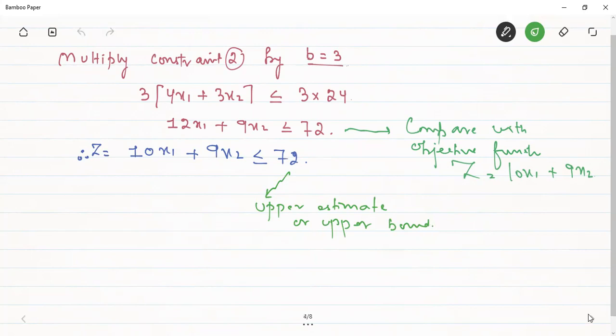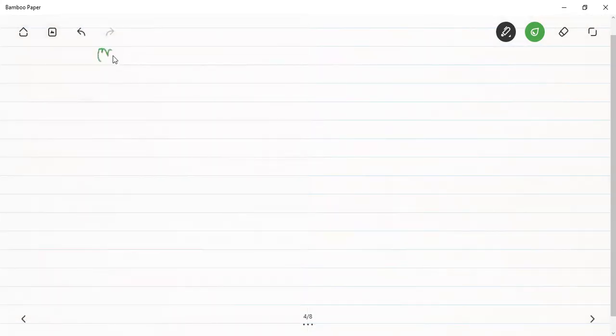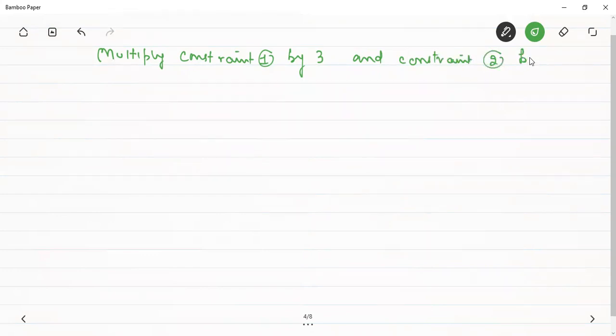So what I'm going to do here is multiply the first constraint by 3 and the second constraint by 1. That is a is equal to 3, b is equal to 1. And I'm going to add them.